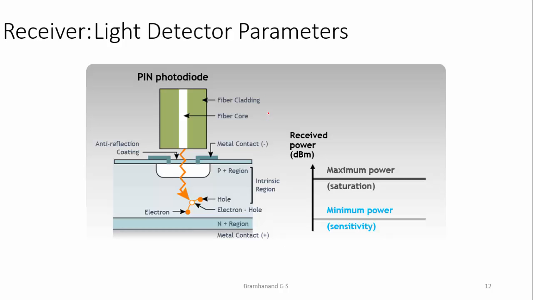The light detectors, as we discussed, could be PIN photodiode or avalanche photodiode, wherein once my light is received by my photodiodes, it converts into electrical current by a principle wherein it gives rise to holes which move towards the anode and electrons which move towards the cathode, creating electrical charge, current.